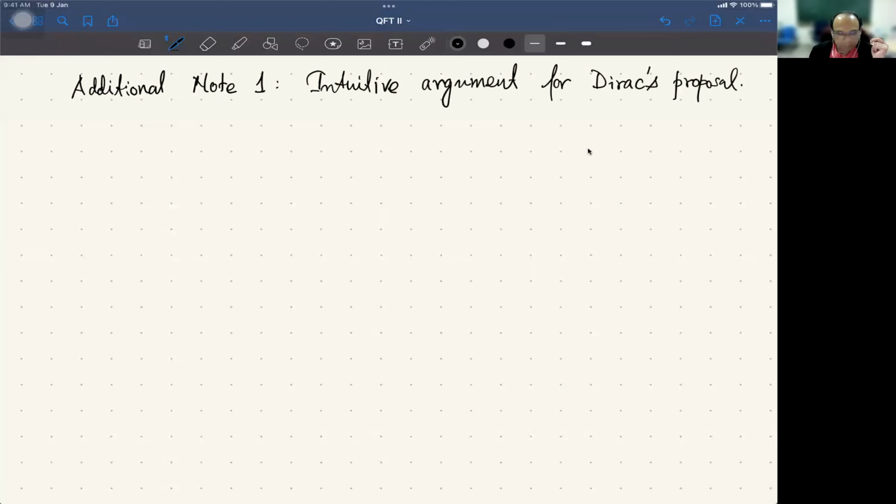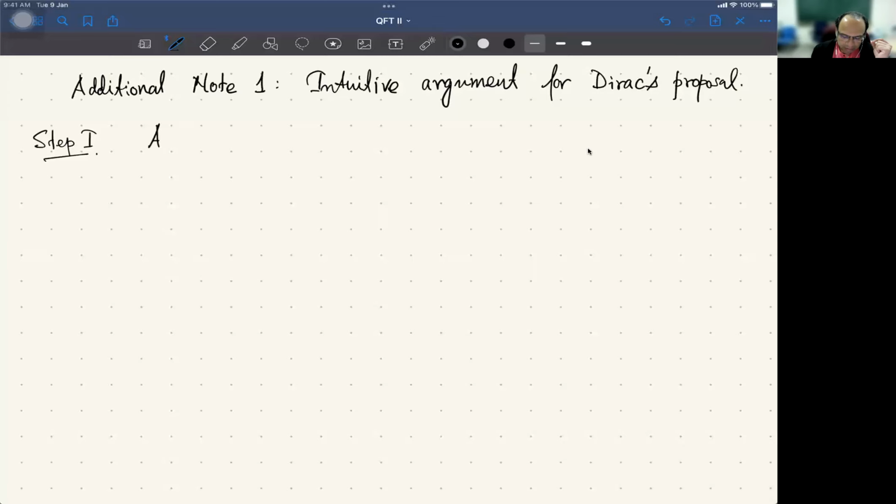There are 2 steps in this discussion. Step 1 is we first argue that action generates canonical transformation that takes the system from one time to another.